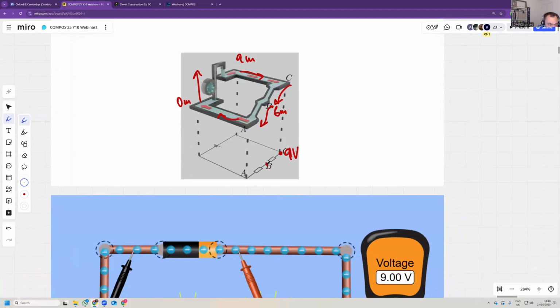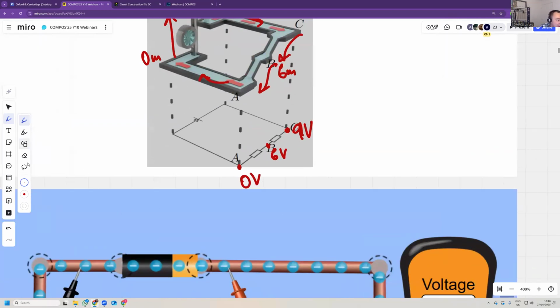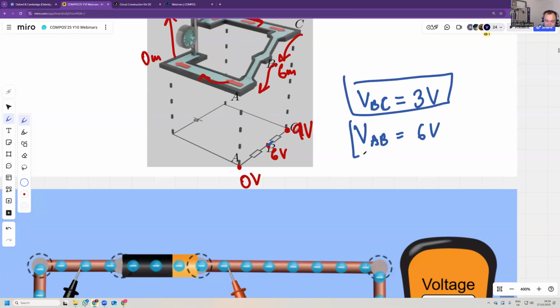You would have 6 volts of potential here, and you would have 0 volts of potential here. And then the voltage on the resistor BC, the potential difference, is 3 volts, and the voltage on resistor AB is 6 volts. So they have a potential difference.